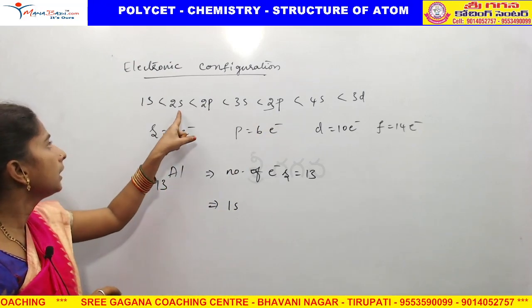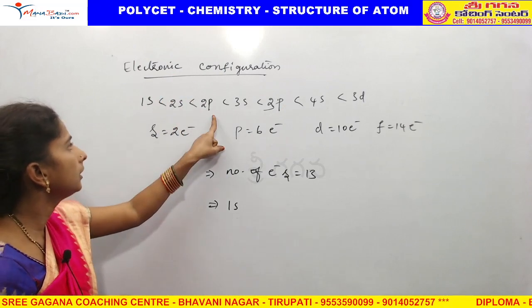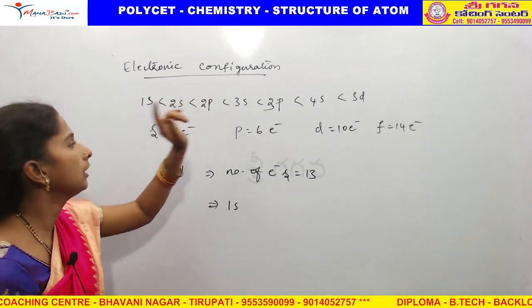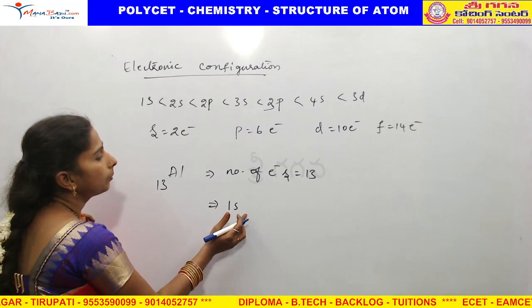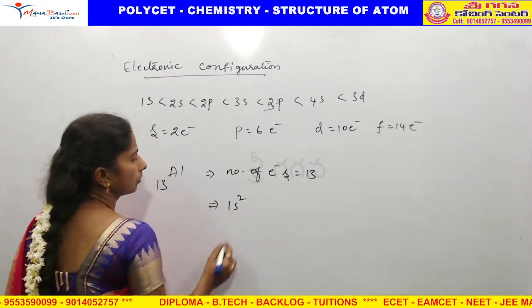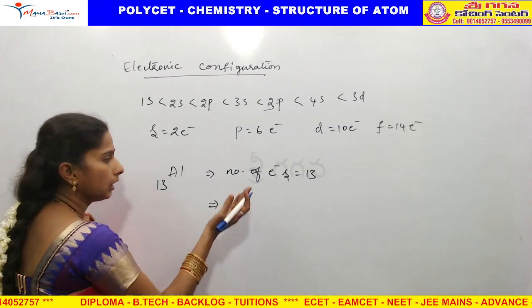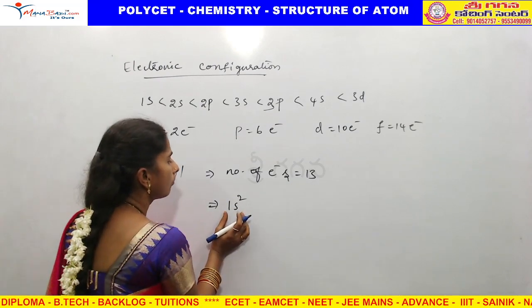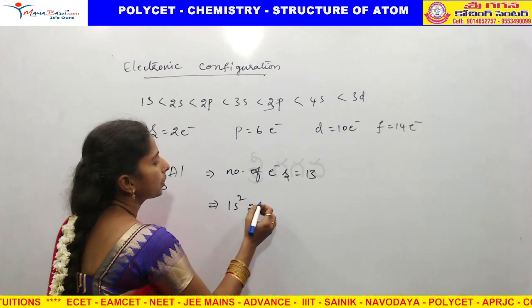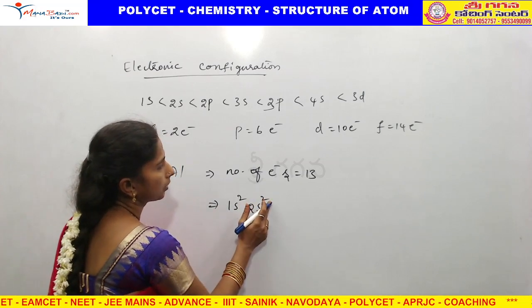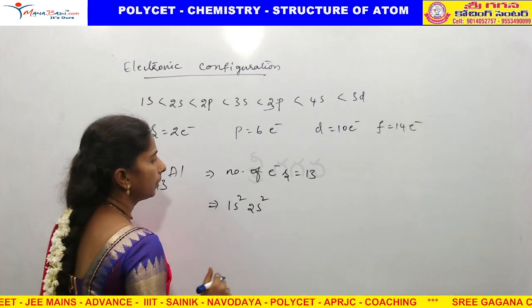After filling one, they go to the next. 1s can accommodate a maximum of 2 electrons, so from 13, 2 are used. After 1s, they go for 2s, maximum 2 electrons. 4 are used, 9 remaining.